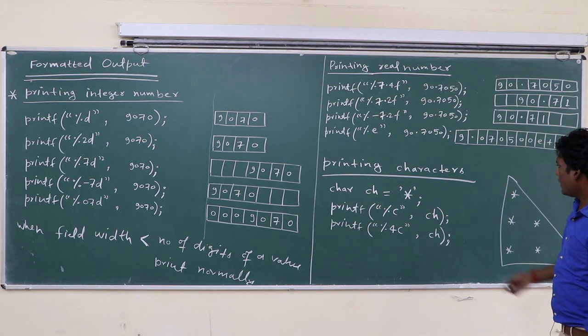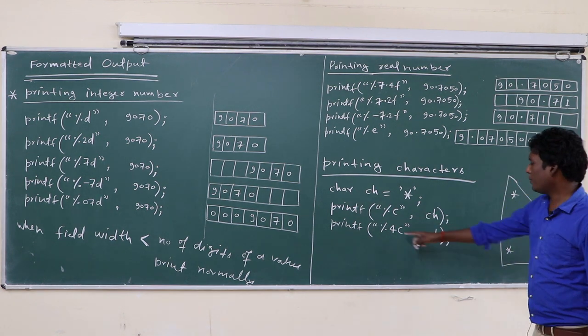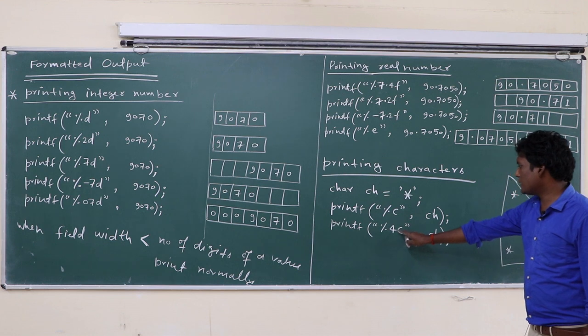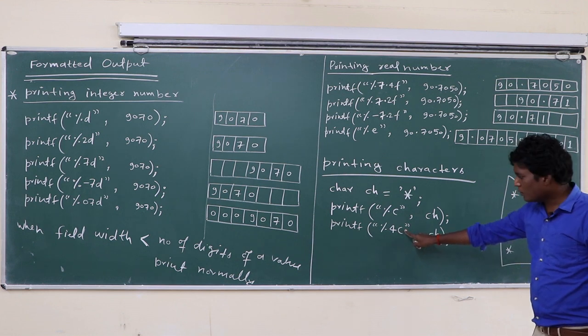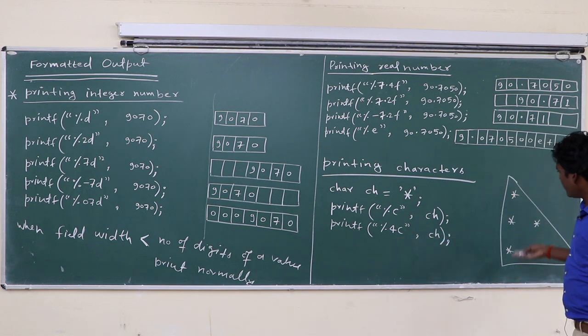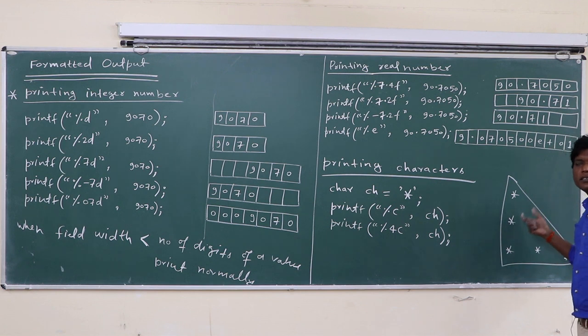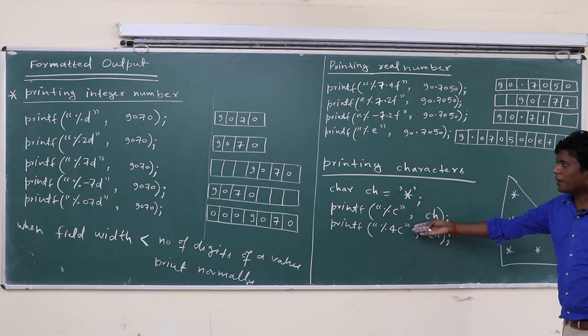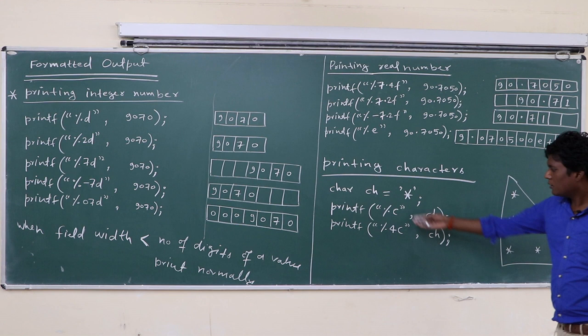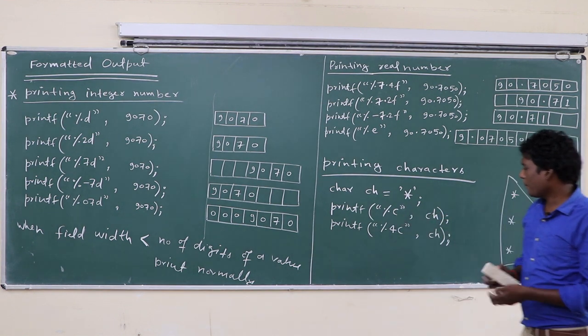Okay, here is a %c, here will be %c, %2c. So in this way you can also print this pattern using this type of field width.